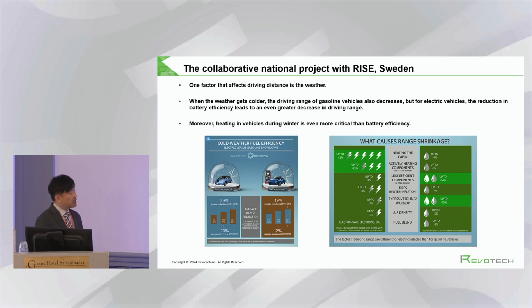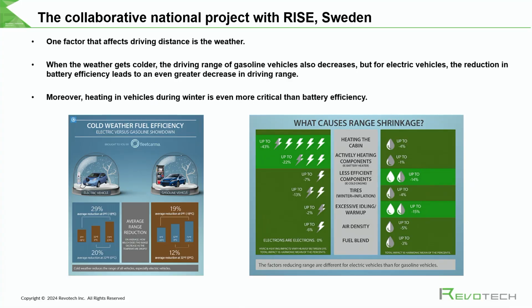It's well known that both gasoline and electric vehicles tend to have reduced range in the winter, but electric vehicles are especially affected. This decrease in range is mainly due to the additional energy needed to heat the vehicle interior during cold weather.